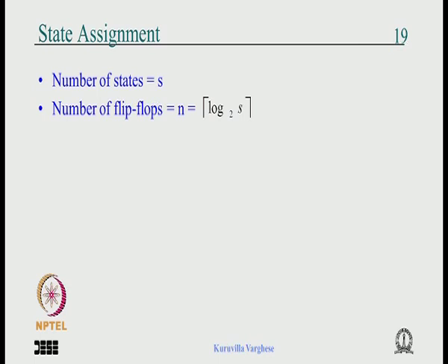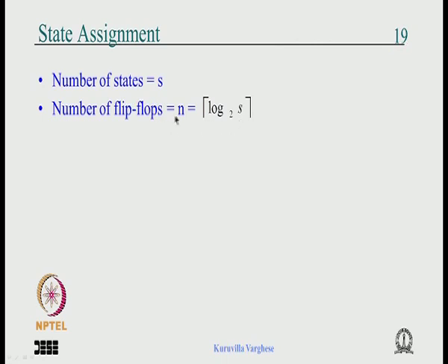Take this case, where the number of states is S. Suppose we have 5 states, then the number of flip flops for the binary encoding is the logarithm of S to the base 2, and normally you take the ceiling because this could be a fraction.